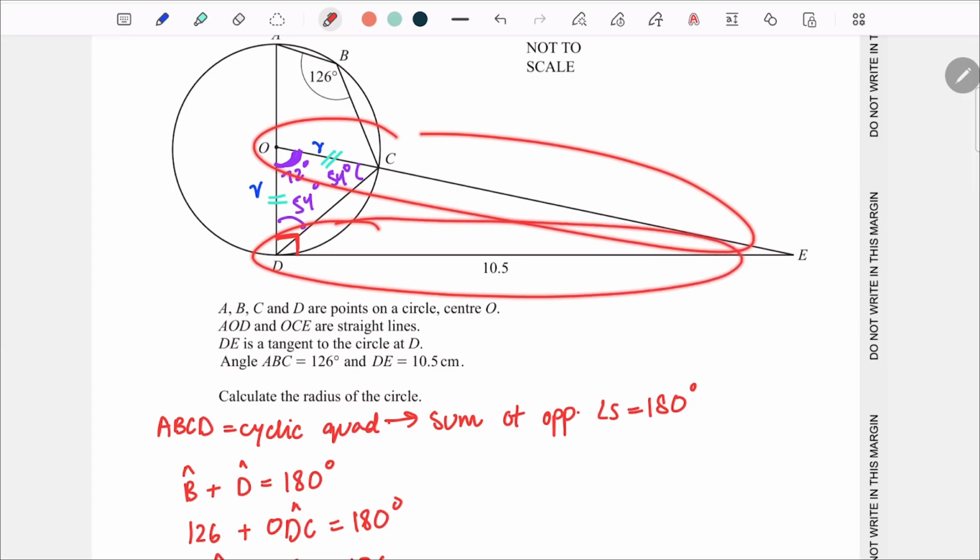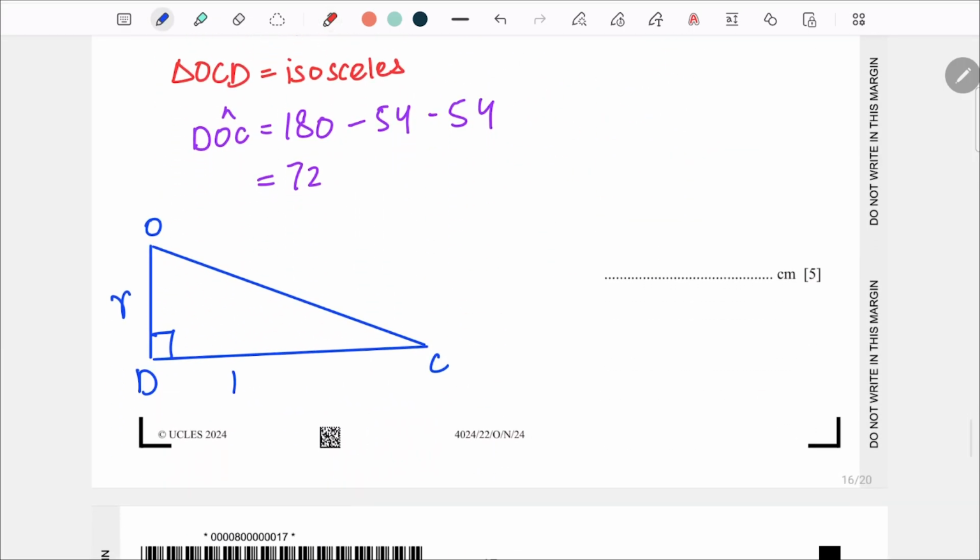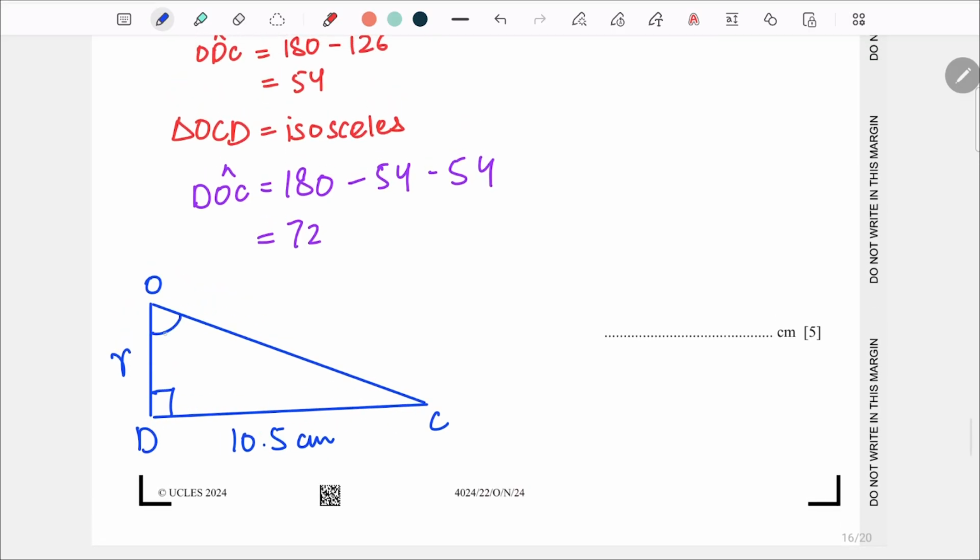DE is given to us, that is 10.5. So I'm going to write that down, 10.5 centimeters, and angle DOC is 72 degrees.